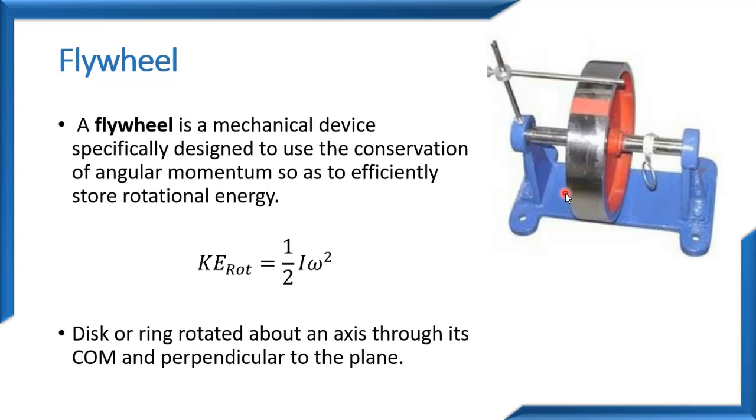A flywheel consists of a disc or a ring, and this is rotated about an axis passing through its center of mass and perpendicular to the plane of the wheel, the plane of the disc. And this is the basic arrangement of a flywheel.